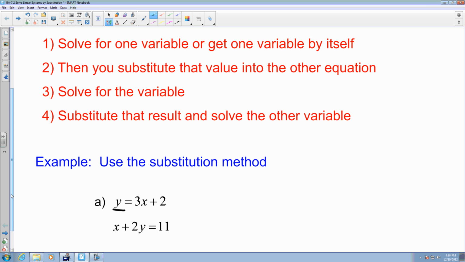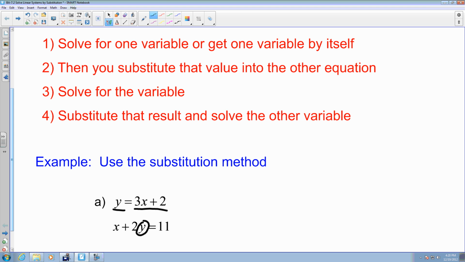So now I must go into step 2. Step 2 is then you substitute that value into the other equation. So if y equals 3x plus 2, you see where I have y right here? I'm going to replace y with 3x plus 2 because I already know that that equals y.